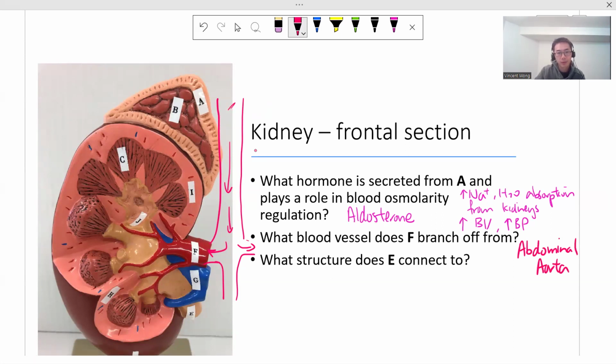Okay, right here, abdominal aorta. And E is going to go all the way down to the urinary bladder. Urinary bladder.